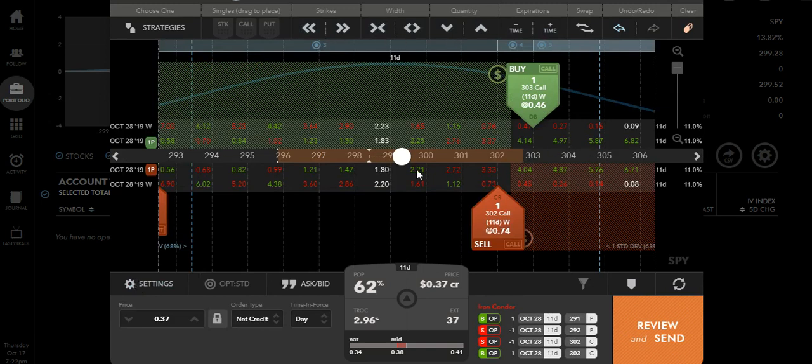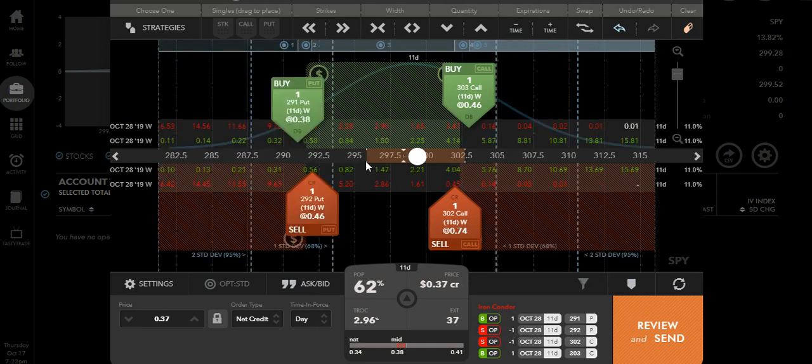And as you can see, as long as we're still just inside this brown zone, so if you have a directional assumption that SPY is going to go down in the next week, then you can move this in that favor and increase your profit potential and decrease your collateral, and still have a 62% chance of this option paying you in the end.